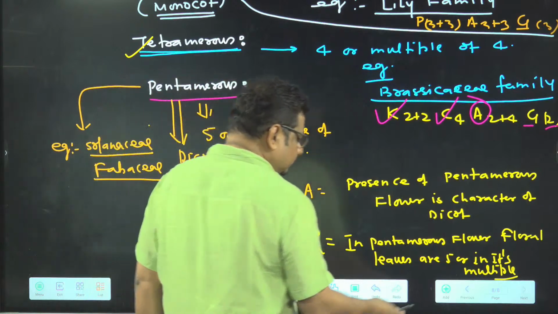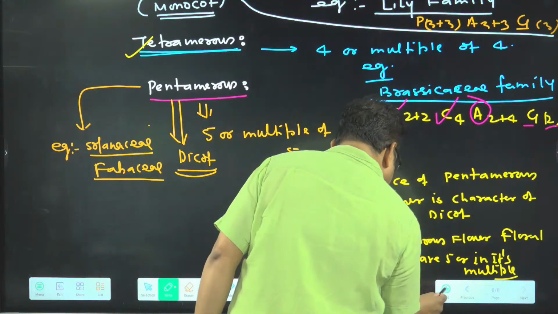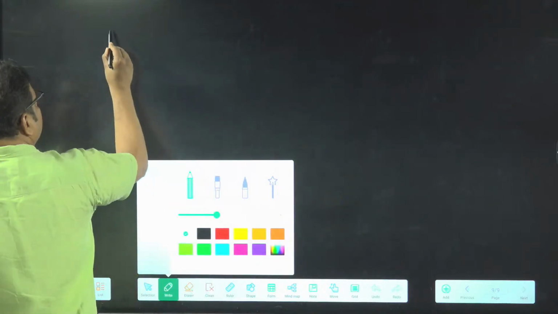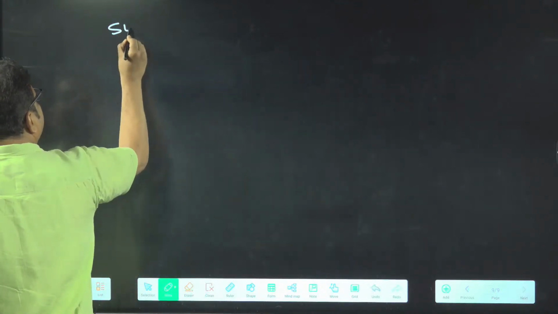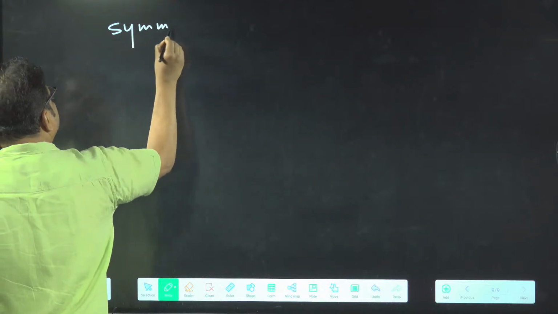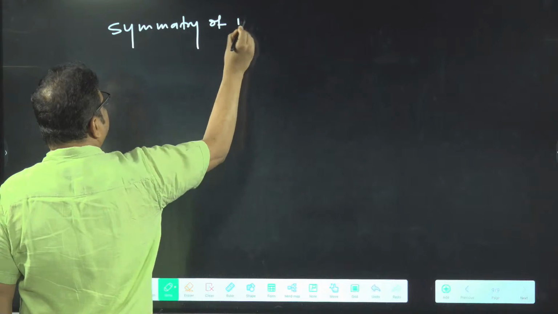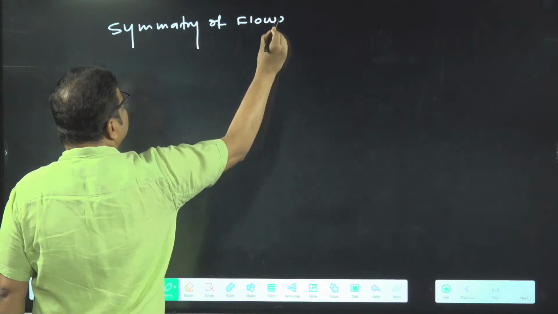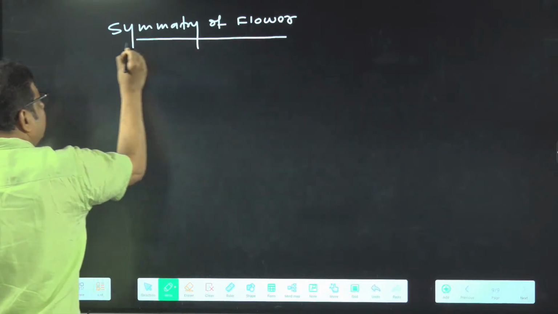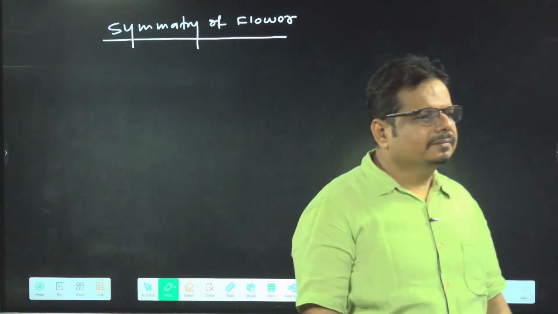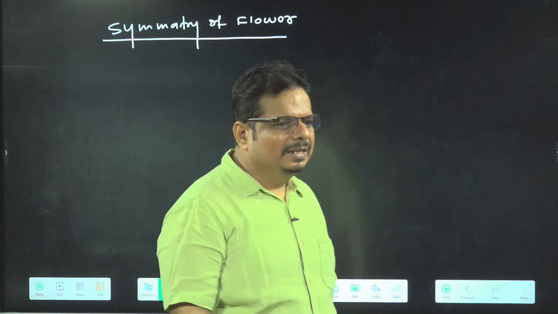Now next. Now we are going to deal with symmetry of flower. Symmetry means, what do you mean by symmetry? Anybody can answer?